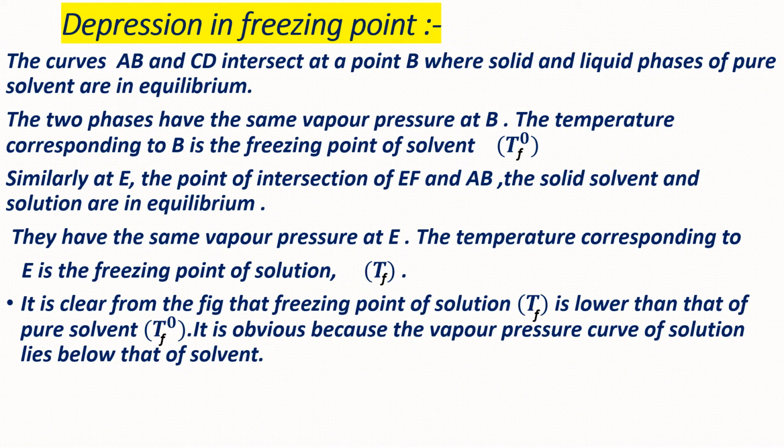Hence, it is clear from the figure that the freezing point of solution Tf is lower than that of pure solvent T0F, because the vapor pressure curve of the solution always lies below that of the solvent.